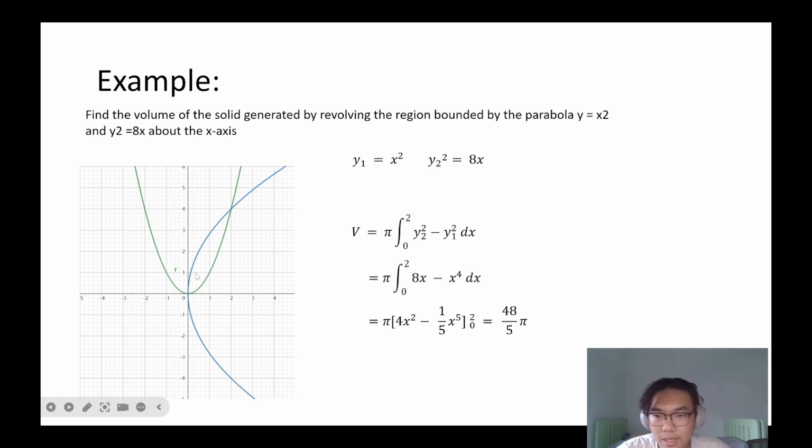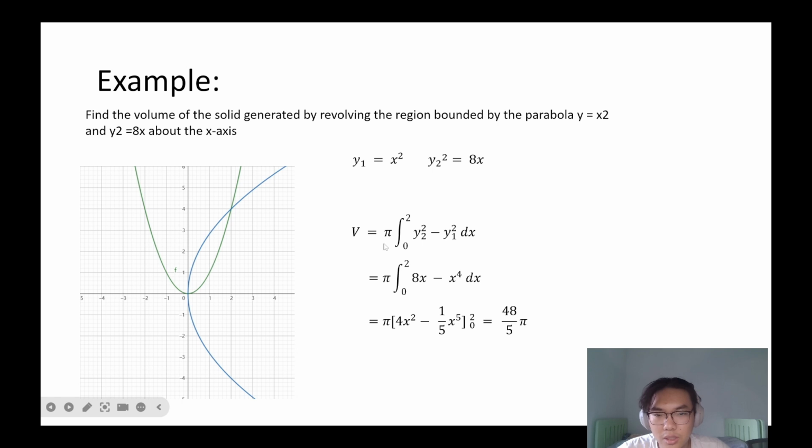As we can see on the graph, y2 is bigger than y1. So the outer radius R is y2, and the inner radius r of this curve is y1.